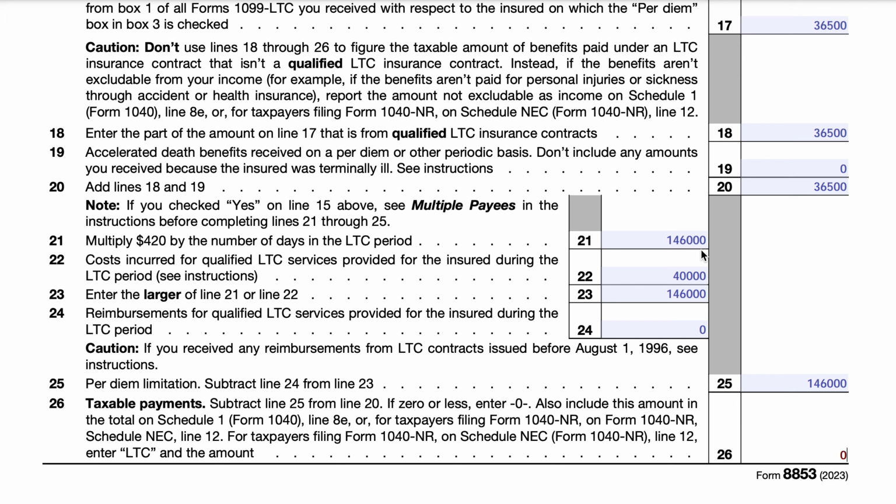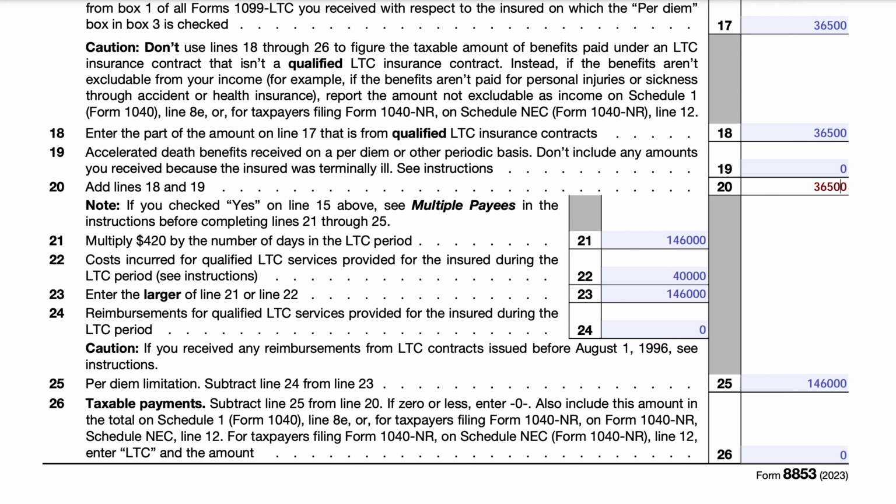That's the way long-term care insurance contracts usually work. So if I actually pulled that money out and then I spent it on long-term care services, then it makes sense that as long as I didn't go above the $420 per day limit, I should not have to pay taxes on it.